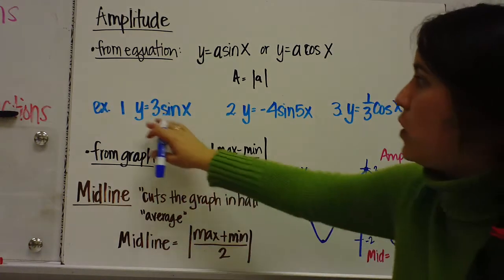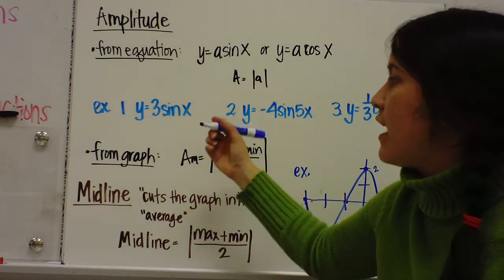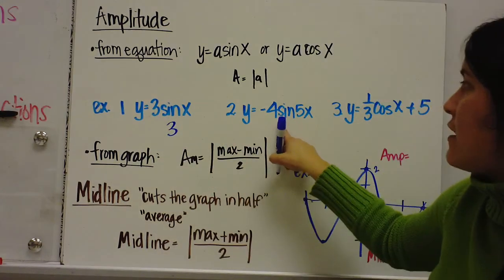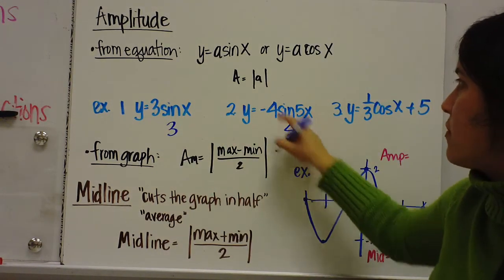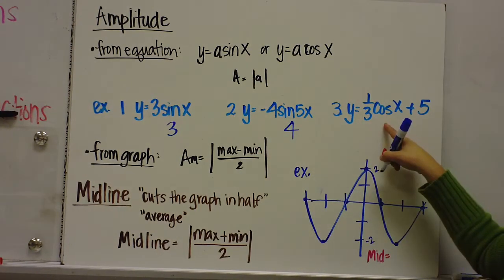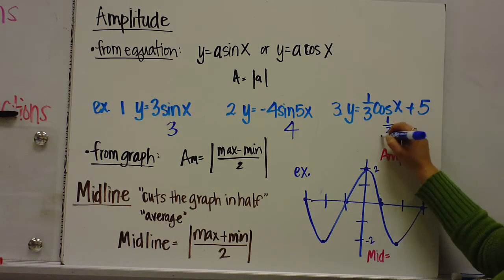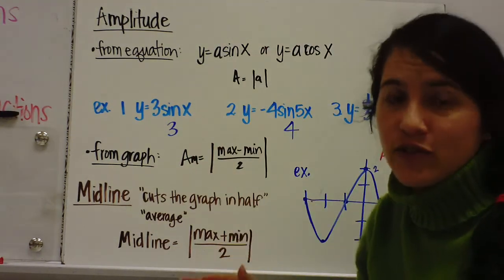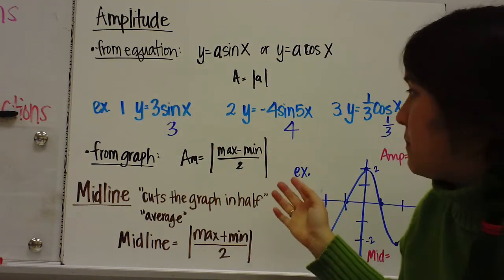So for example, y equals 3 sine of x. The amplitude is 3 because it's this number. In this one, the amplitude is 4 because remember it's the absolute value of -4. And in this one, the amplitude is 1/3. So that tells us how high or low those curves are going to go. That's the amplitude.